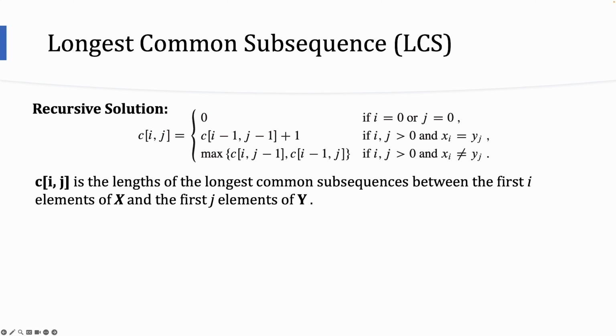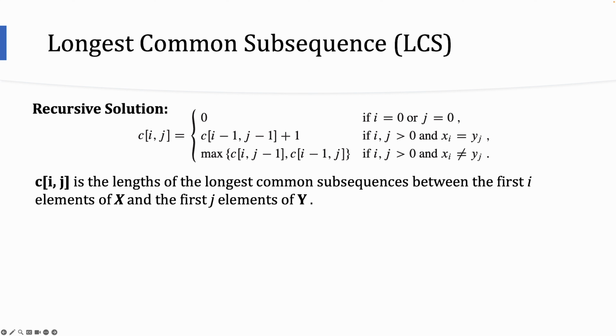All right. So now what you can see here is if the lengths of both X and Y are 0, then obviously the longest common subsequence can't be anything longer than 0. And then we have two other cases that we just discussed.